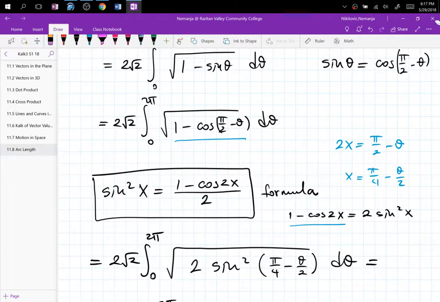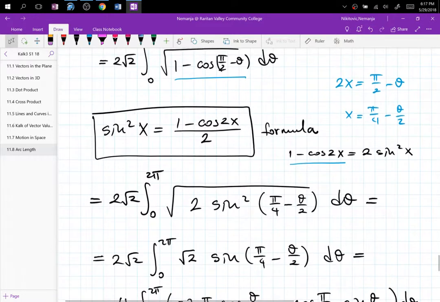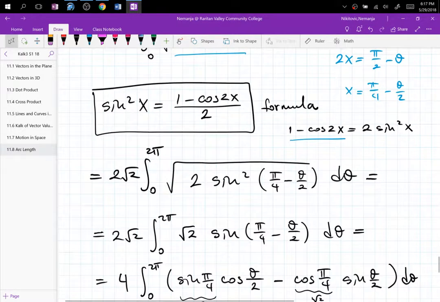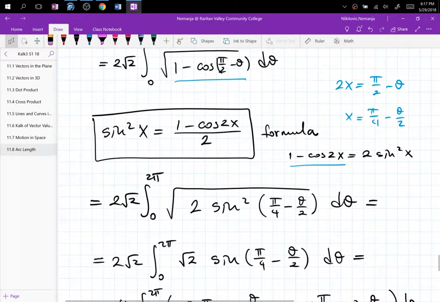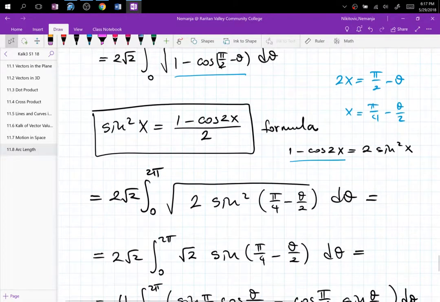When I compare these, I have that 2x is pi over 2 minus theta. x is pi over 4 minus theta over 2. So we replace this with that.